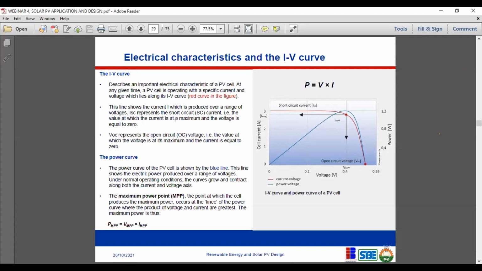So open circuit voltage is the value at which the voltage is at maximum and current is 0. Now, I'll give you a typical example of what this open circuit voltage is.